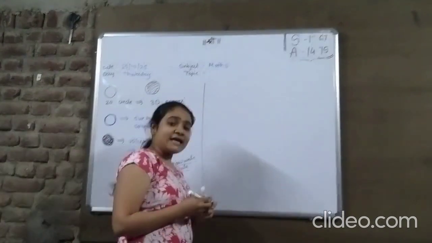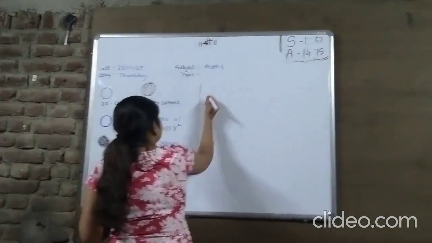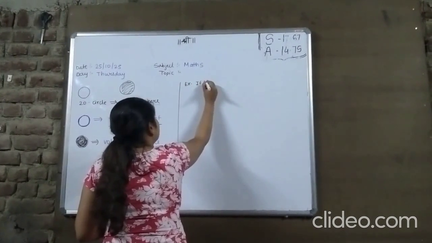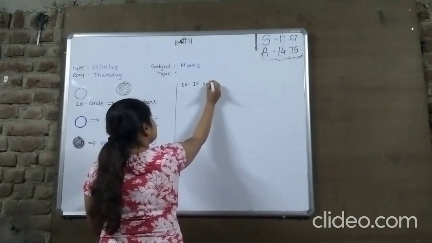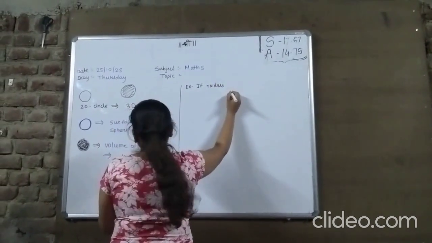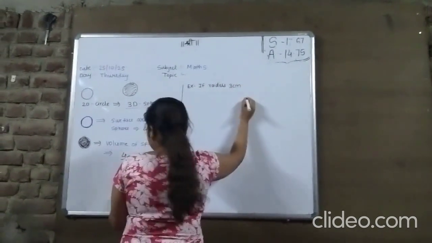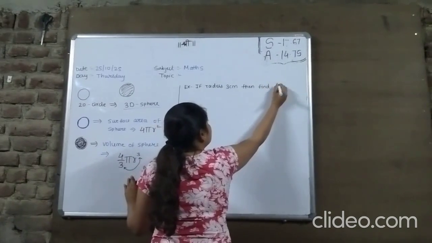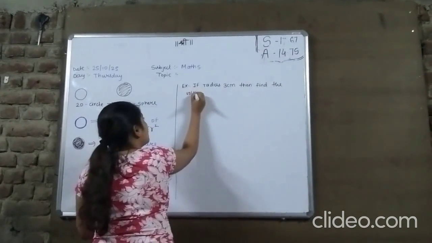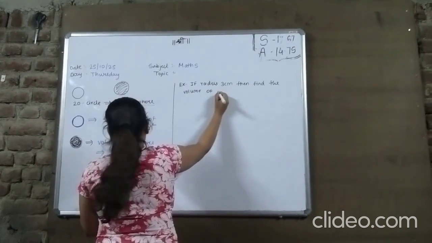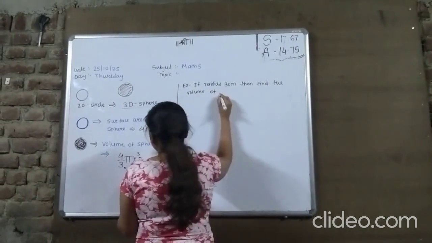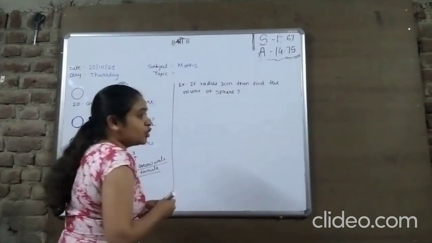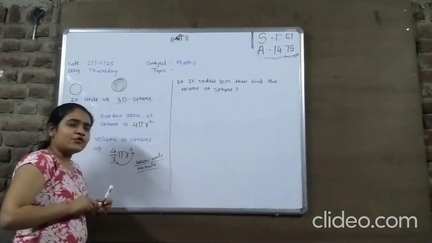We will see one example. If the radius is 3 centimeter, find the volume of the sphere. What is the formula for volume of sphere?